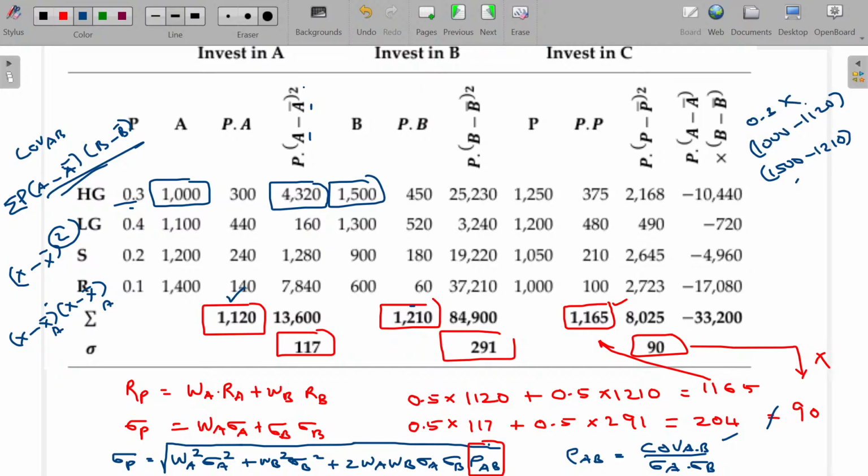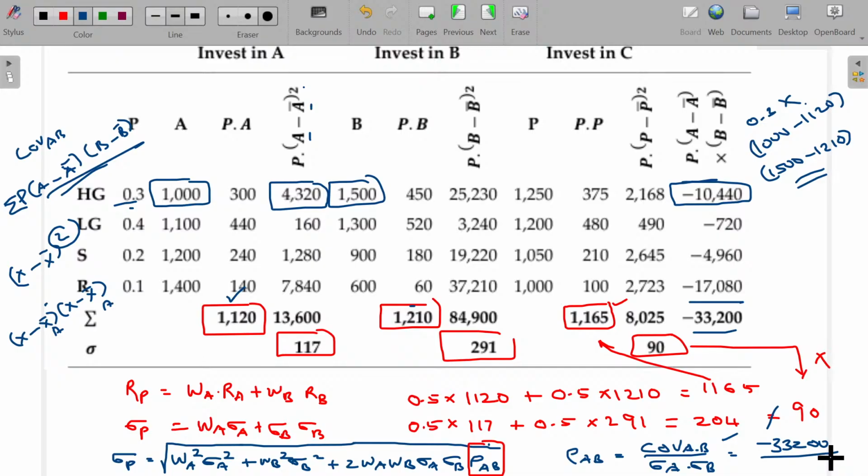Come on, find out the final value. Minus 10,440, we got this. In the same way we can calculate for low growth, stagnation and recession. The overall value you get here is called the covariance. So here the covariance is minus 33,200.